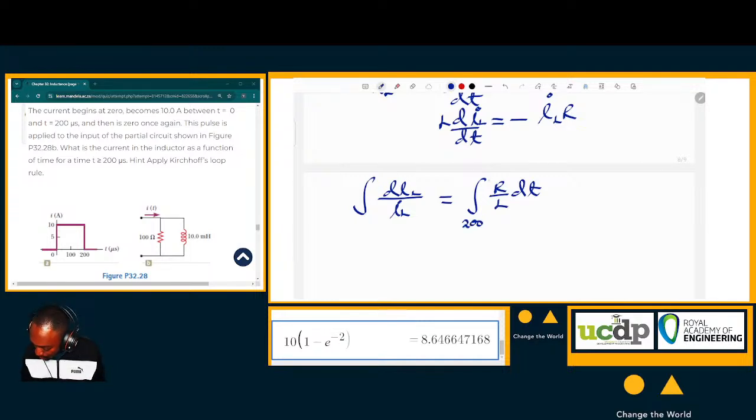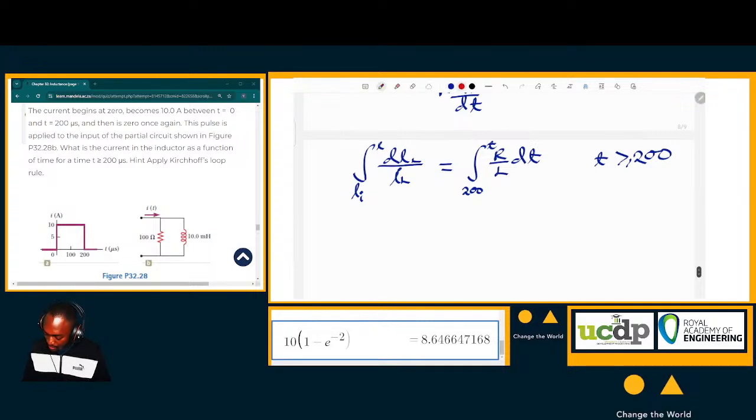Going to a time t because our question is saying at t greater than or equal to 200. So we're starting from 200 going to an unknown time. Then here we're starting with your current I to a current that we will determine.